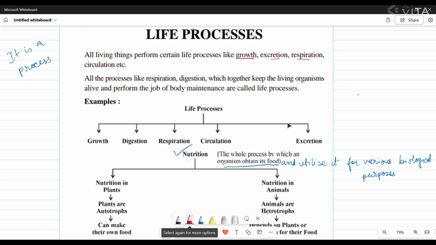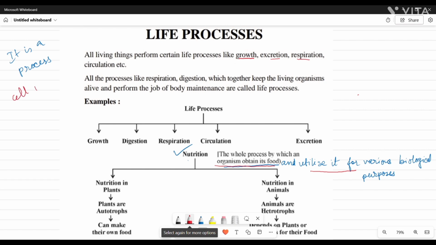Nutrition is a process by which the organism obtains its food and utilizes it for various biological purposes like growth. Without nutrition, the cell will not get any energy.